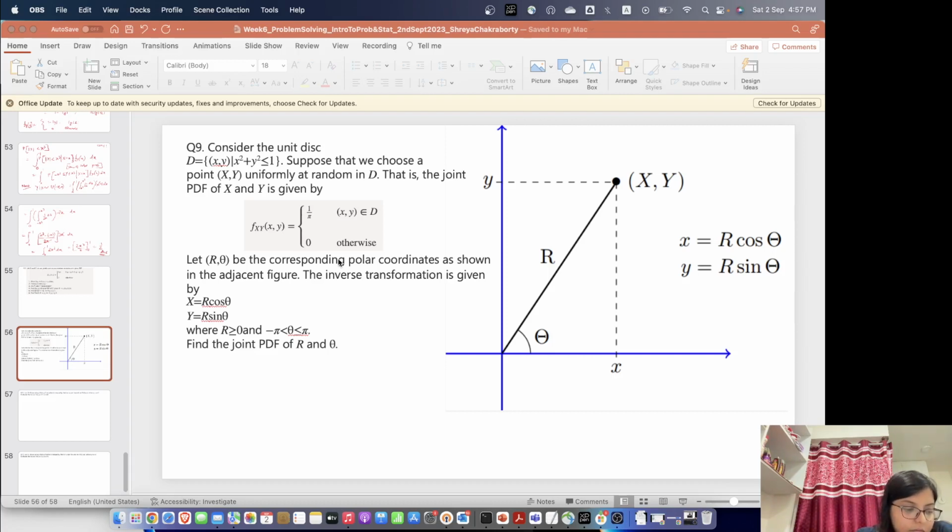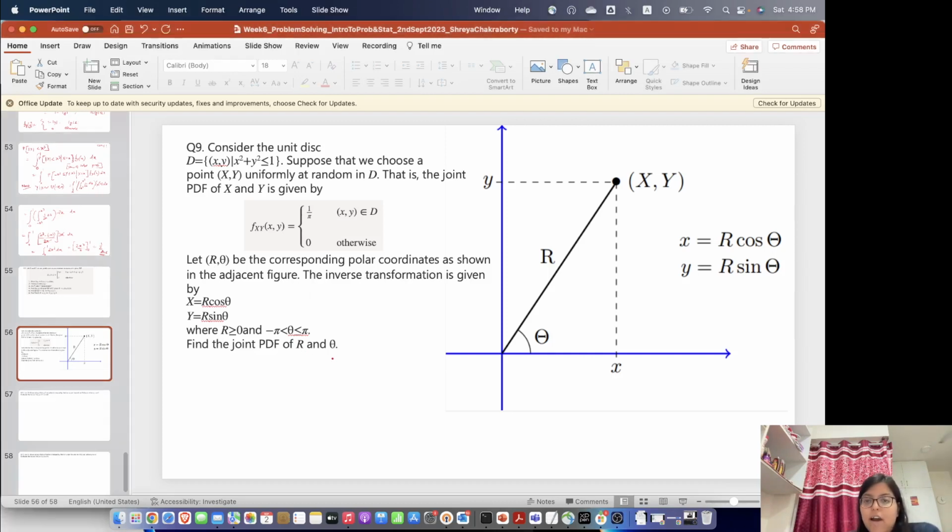Then r and theta be the corresponding polar coordinates. The inverse transformation is this. Find the joint PDF of r and theta.